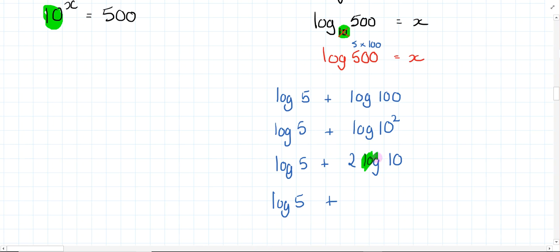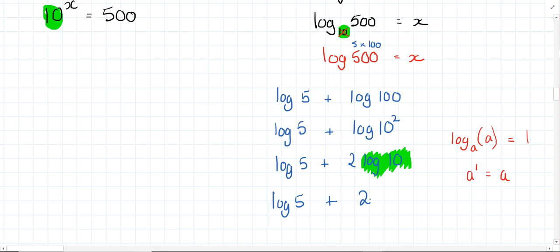Log to the base A of A is always 1. Because remember, the opposite is saying A to the power of 1 equals A, which is the exponential form. So I can actually write here now just log to the base 10 of 5 plus 2.